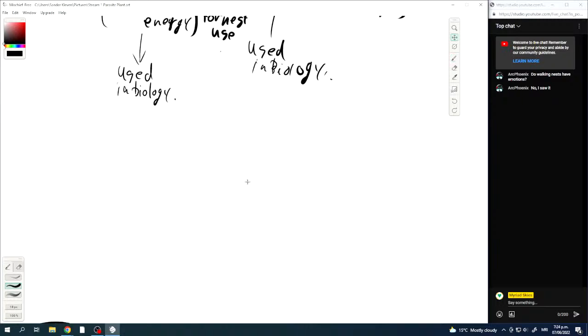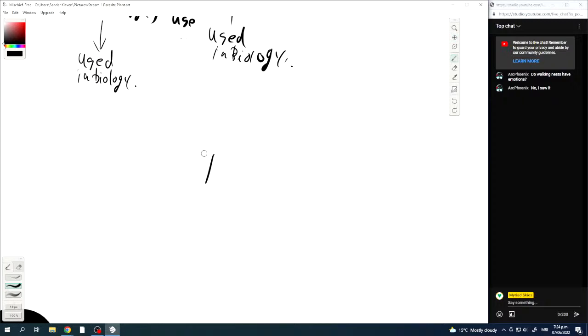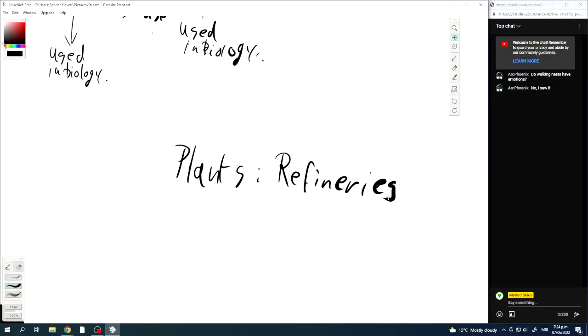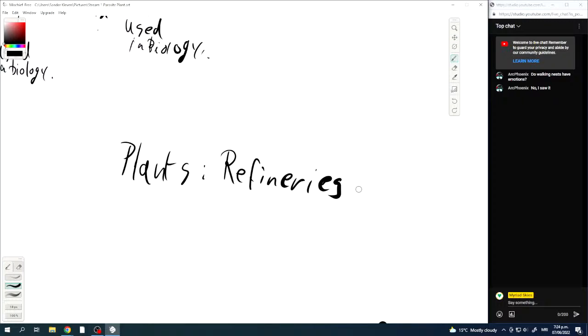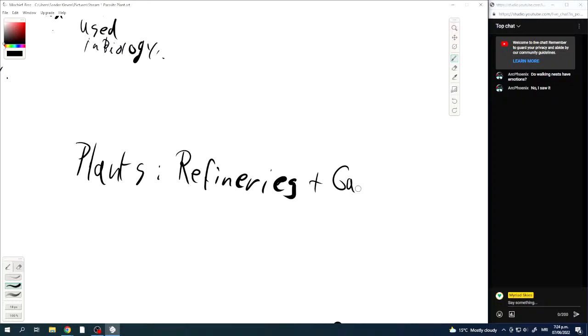So plants are kind of refineries, and kind of like gatherers in a sense.